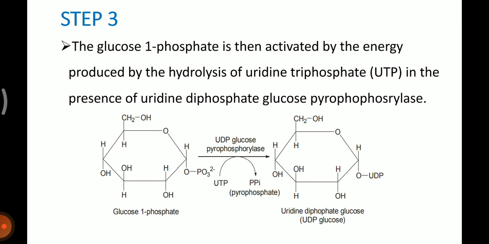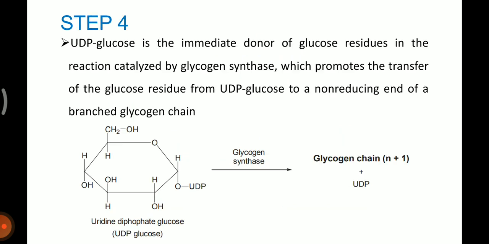After the formation of uridine diphosphate glucose, it starts forming the glycogen chain. To form the glycogen chain, the UDP glucose molecule releases UDP and starts forming the glycogen chain.